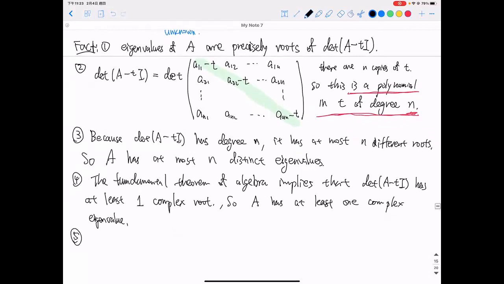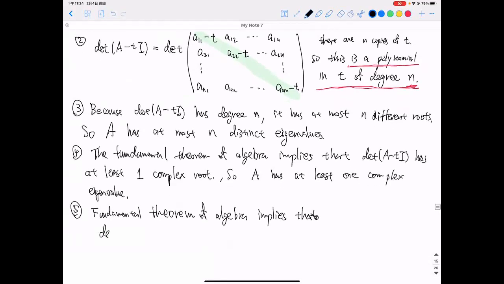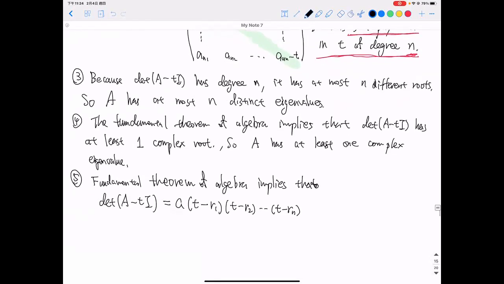Now, finally, the fundamental theorem of algebra implies that you can actually factor the characteristic polynomial into the following form: some constant a times (t minus r1)(t minus r2) up to (t minus rn), where r1 through rn need not be distinct.